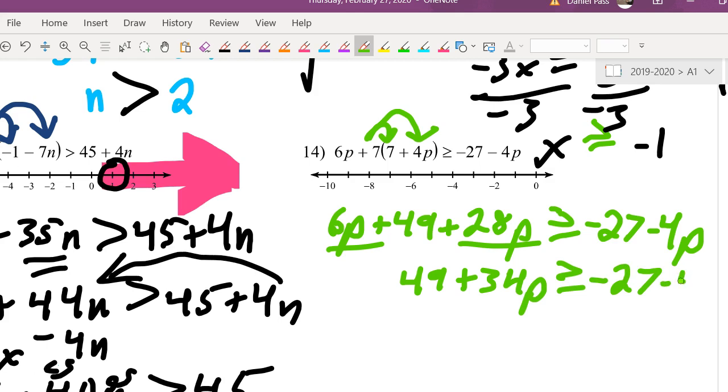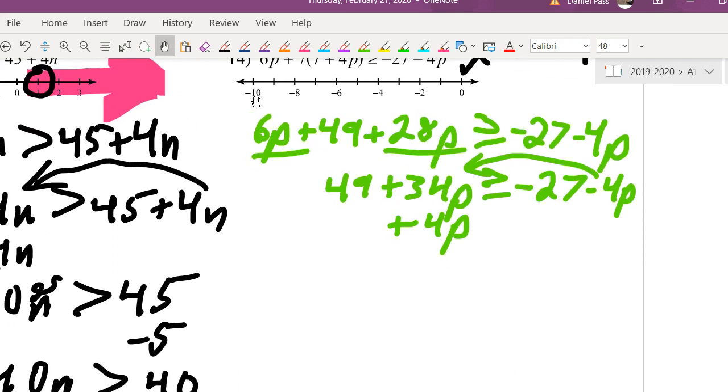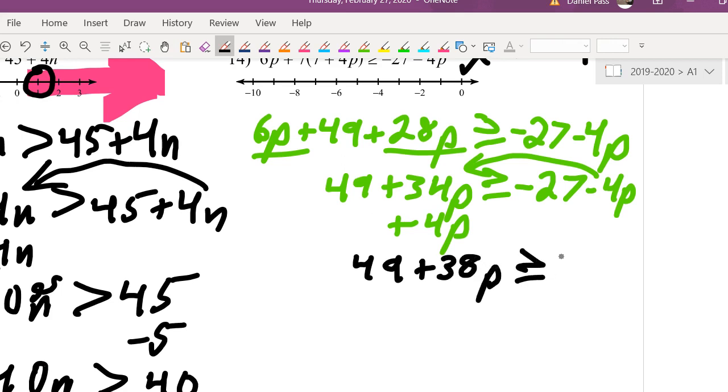Question? Okay, so variable on both sides. Get out of my yard and change the sign. 49 plus 38p is greater than or equal to negative 27. Superstar, co-star, extra.